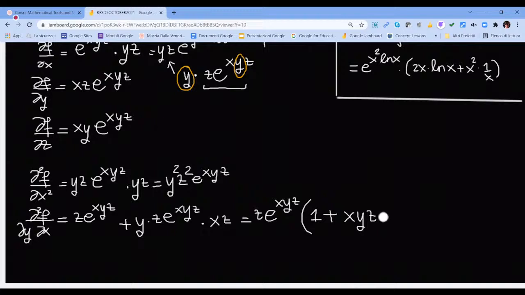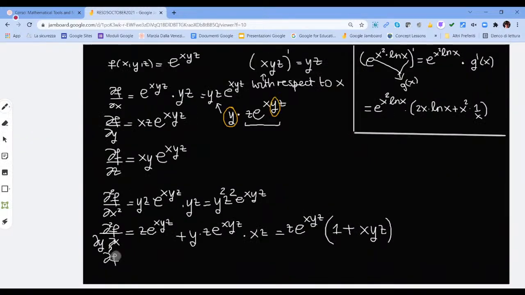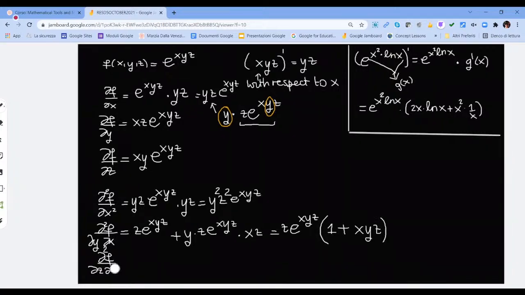Now we can compute the second derivative with respect to x and then to z. So we take the first derivative again with respect to x, and then we derive with respect to z.